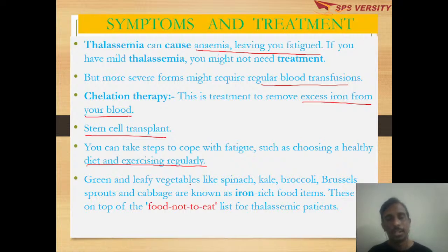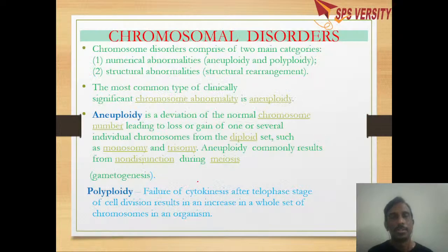However, green leafy vegetables that are rich in iron should be avoided, so thalassemia patients should not eat them.